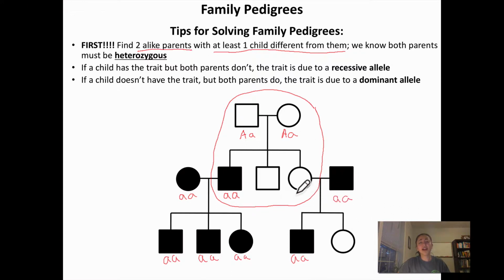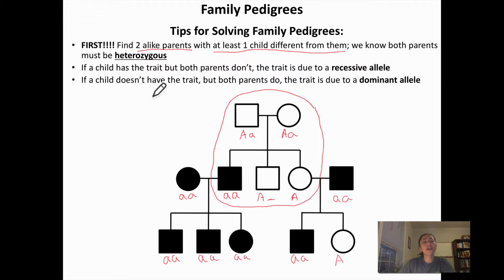Every individual that's not shaded in is expressing the dominant allele, so they have to have at least one big letter. We might not always know what the second letter is, and sometimes we will, but we just know that right away by looking at the patterns we see here.